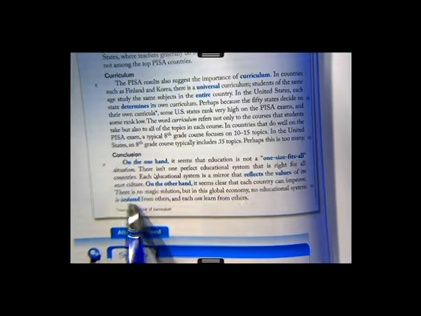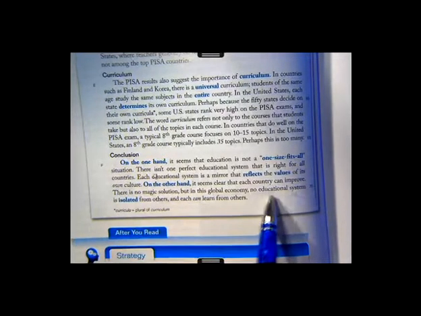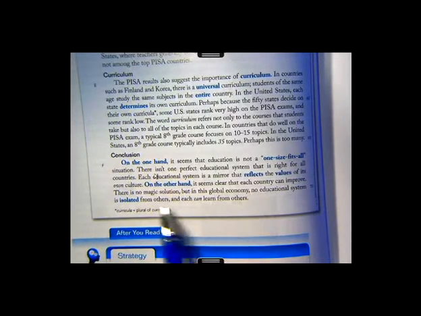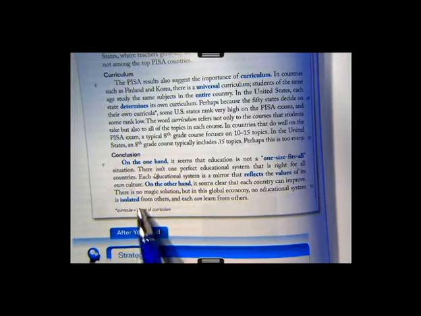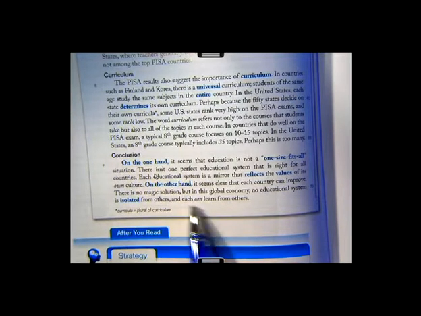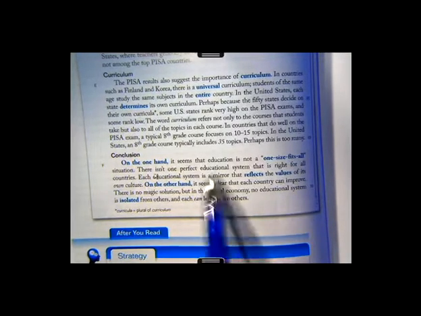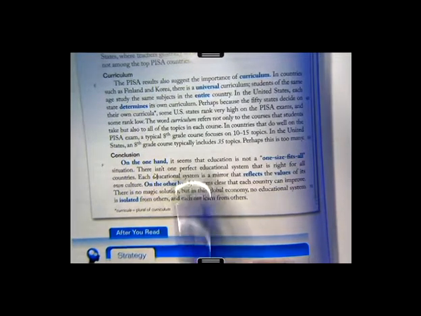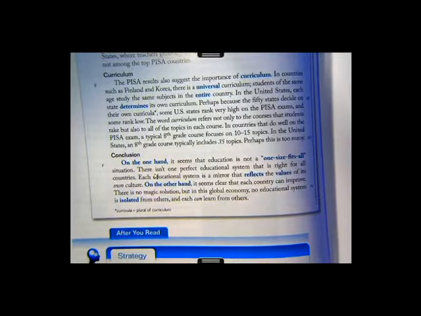All right? Because no educational system is isolated from others. So it's not separate from other educational systems, because educational systems, as we read in this paragraph, are influenced by culture.